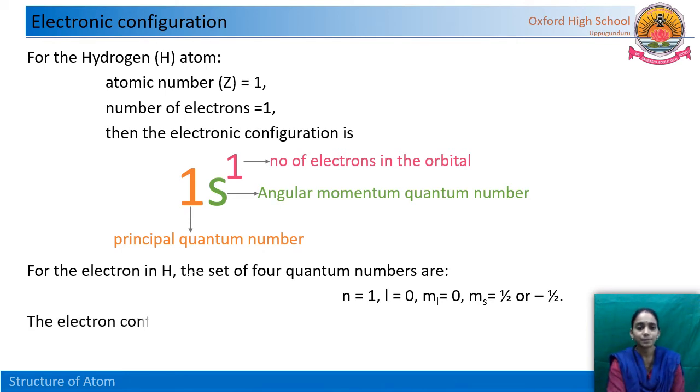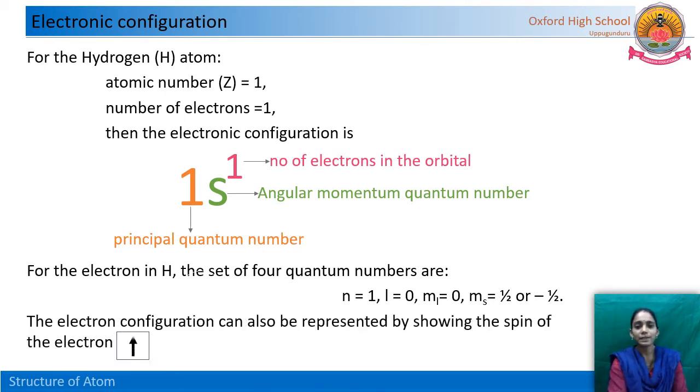The electron configuration can also be represented by showing the spin of the electron. That means in a box, particularly one orbital is there, here 1s1, so one orbital, but how many electrons are there? Only one electron.